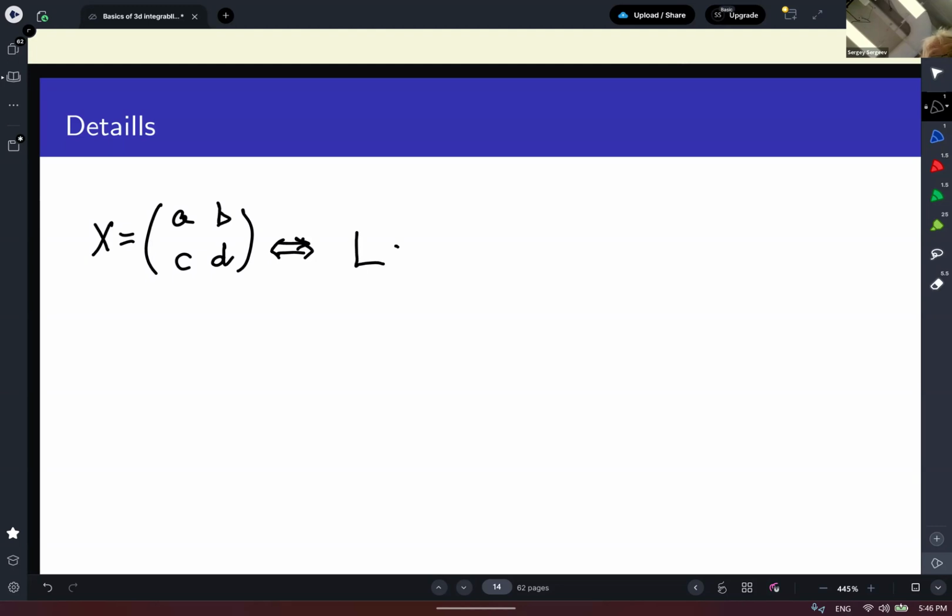Matrix L can be introduced. Now matrix L is a matrix in End of C squared times C squared. That's the usual 8 by 8 matrix with matrix elements.